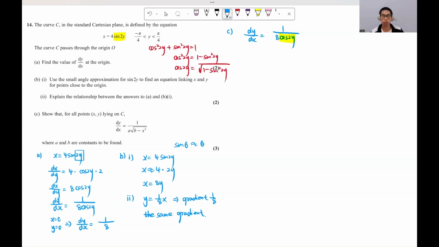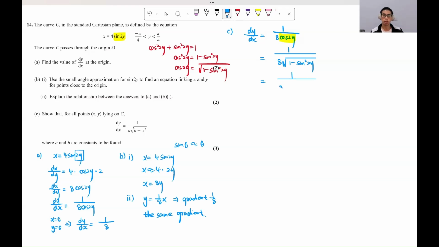That's how we change one to the other. So that would be 1 over 8 times cos 2y, which is the same as the square root of 1 minus sine squared 2y. And we already know sine 2y is just x over 4 if we rearrange that. So we can put that in, and then we get x.